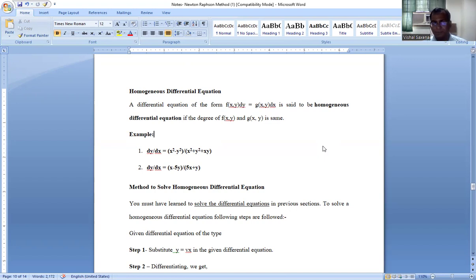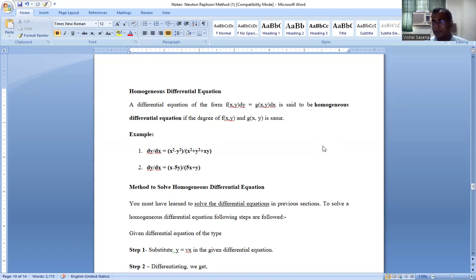Now what is a homogeneous differential equation? It is an equation in which the two sides have the same degree terms. Taking the first example, dy by dx is equal to x square minus y square upon x square plus y square plus xy.